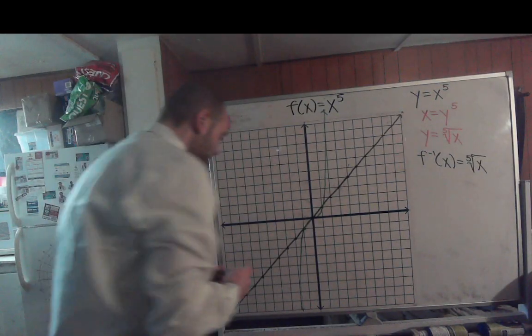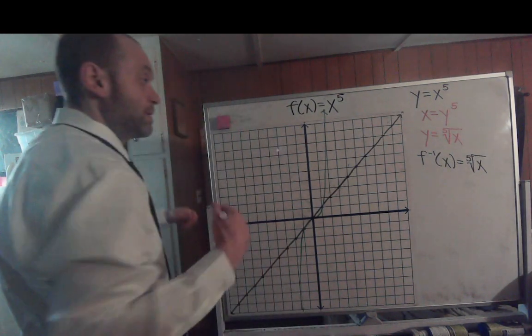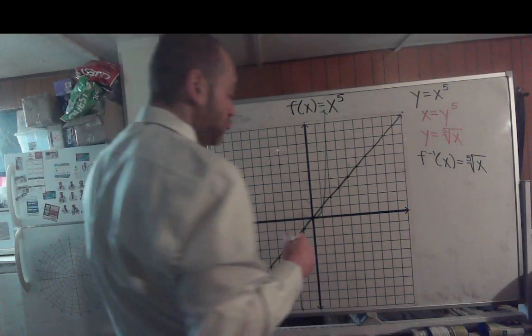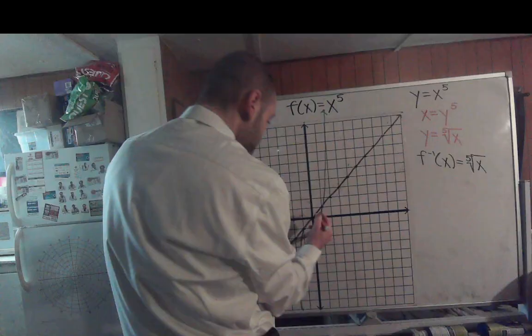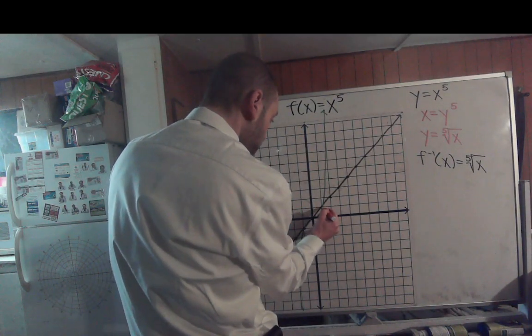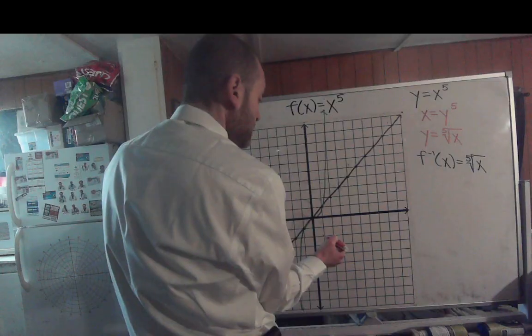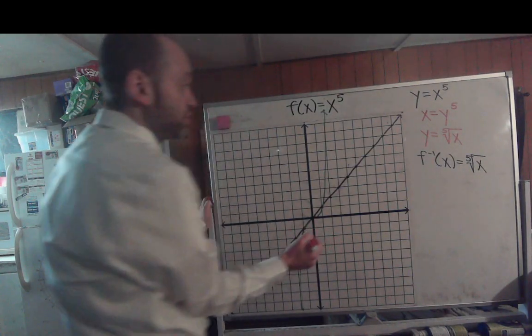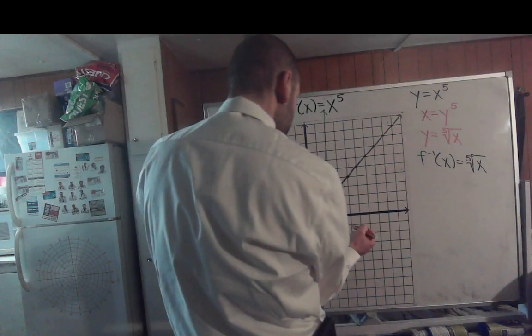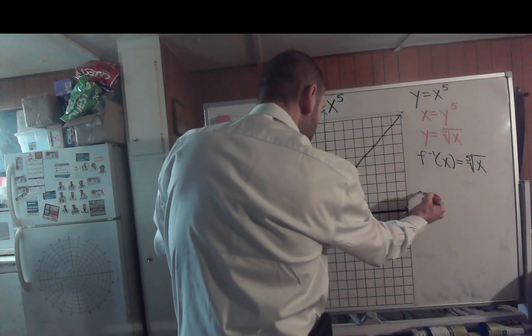Now let's graph the fifth root of x in orange. So fifth root of 0 is still 0. Fifth root of 1 is 1. But you'd have to go all the way to the fifth root of 32 to be 2. That's going to be somewhere out here.